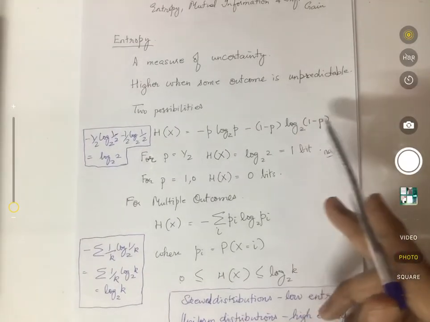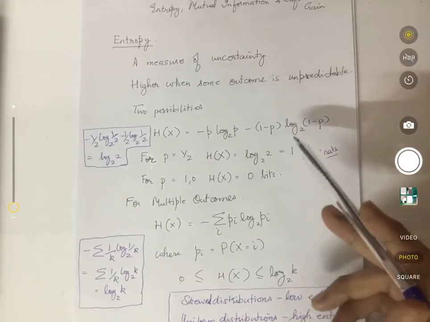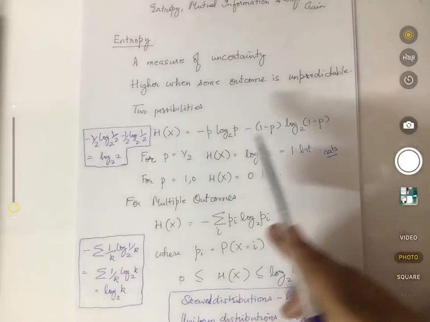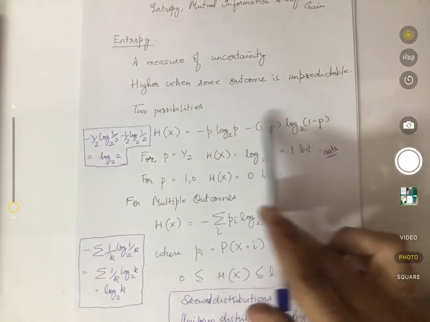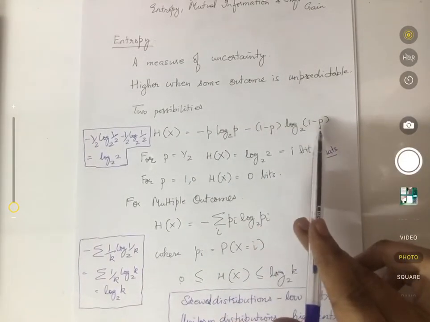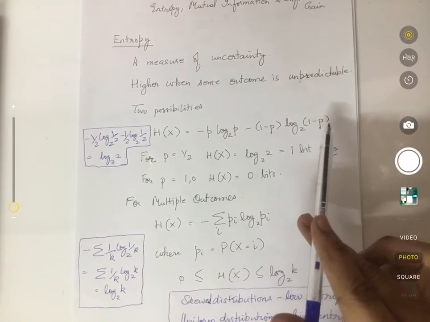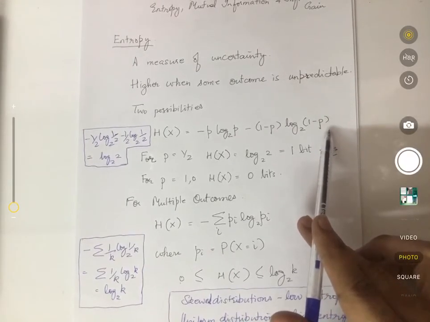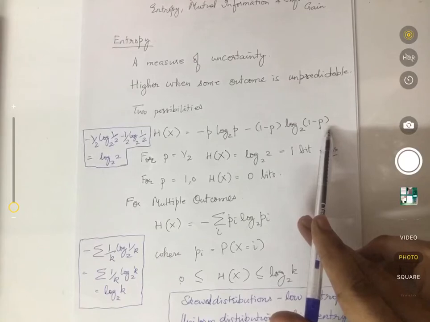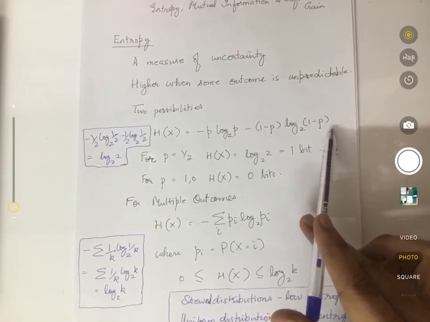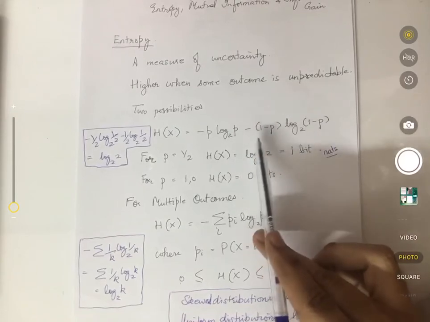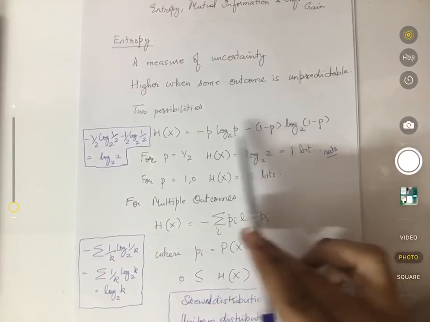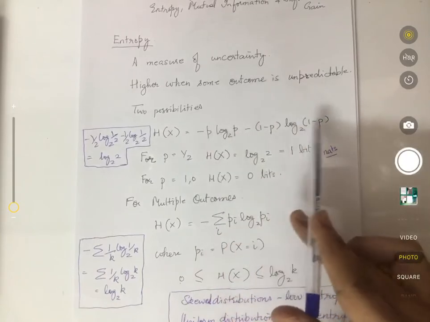So this is an indeterminate form, but we note that h of x in general is a continuous function in the interval from 0 to 1, and for values of p close to 0 or 1, h of x turns out to be close to 0.